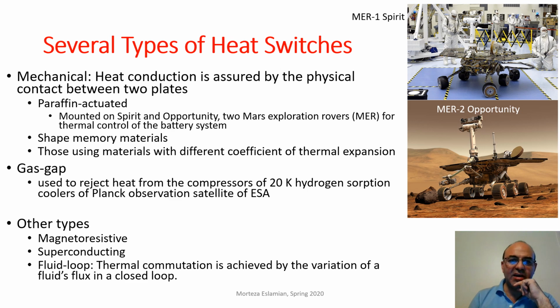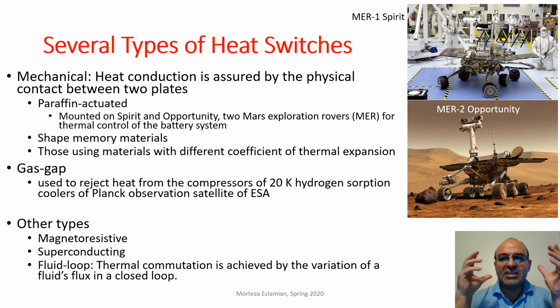There are several types of heat switches in terms of the mechanism and how they work. We will talk about some of them here only. When we talk about the mechanism of the heat switch, it means how the process of switching on and switching off in the heat switch actually occurs.